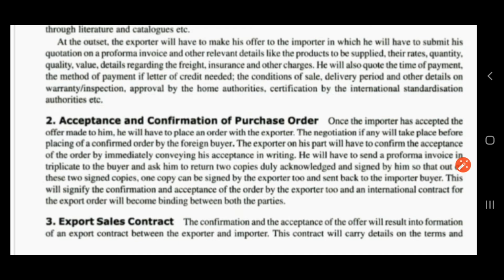Sometimes there will be a necessity of negotiation before confirmation of this purchase order. So various negotiation strategies are to be used by the exporter in order to get the acceptance from the importer.